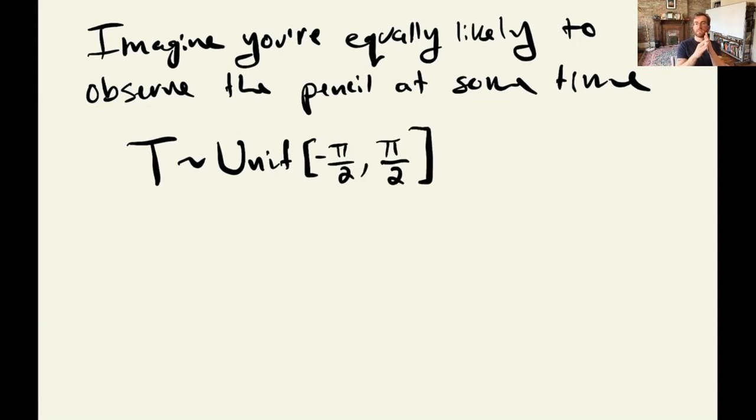So the bottom line is your observations in time are sort of uniformly distributed, but now you're looking at a phenomenon whose position is a function of time.